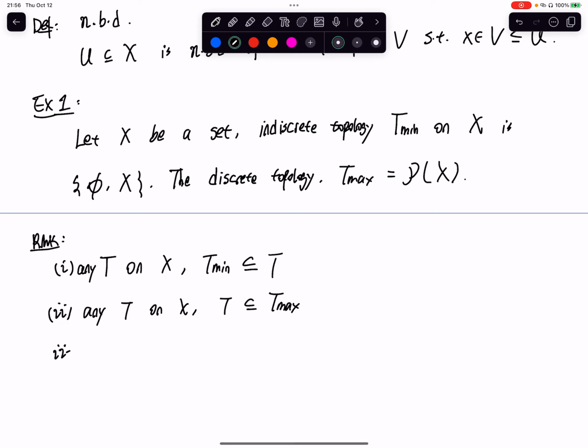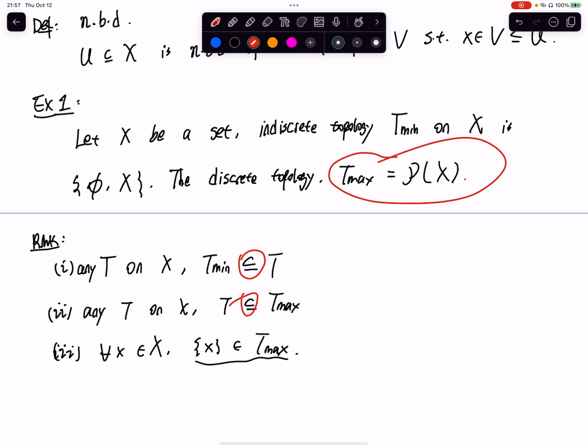And thirdly, for all x in X, the singleton {x} also lives in T_max. So still three things. One may convince himself that T_max, the power set, is indeed a topology.